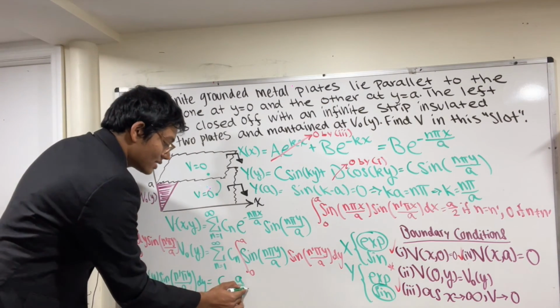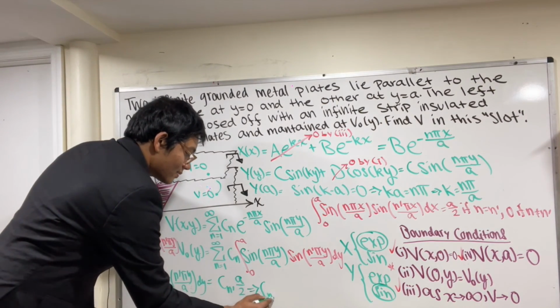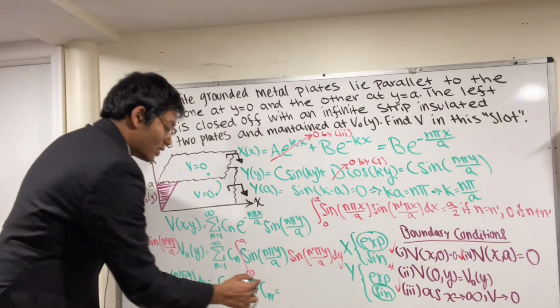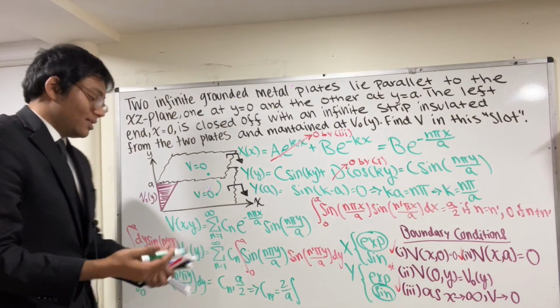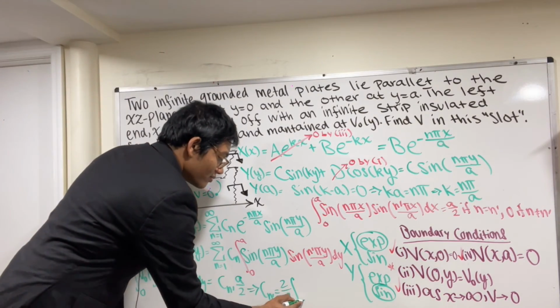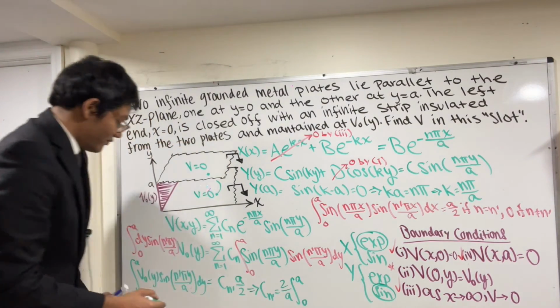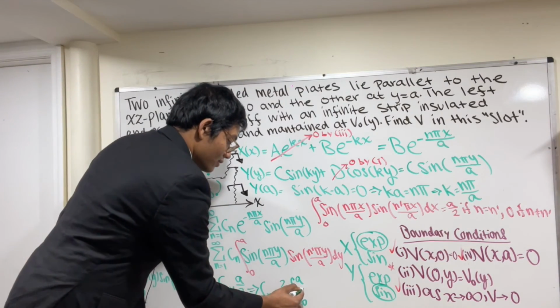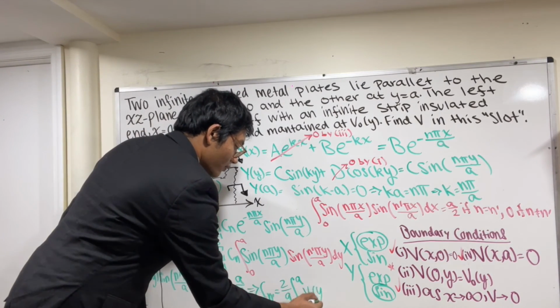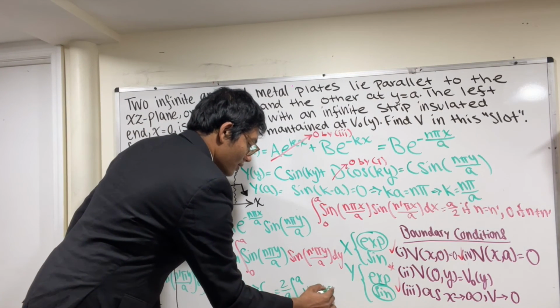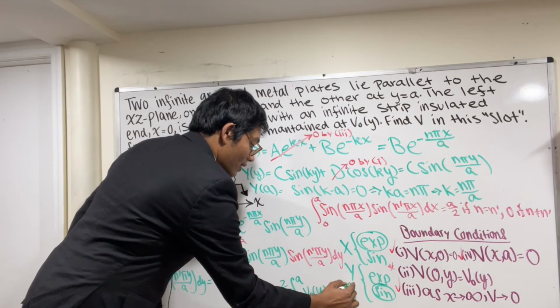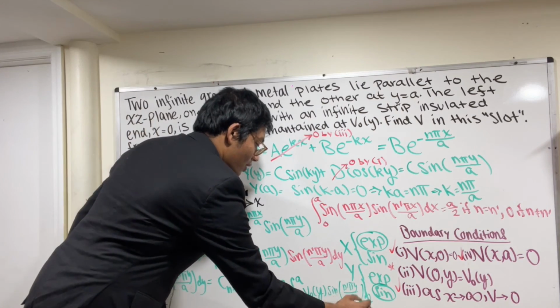In this case, we can just leave it as the expansion coefficient c sub n prime is equal to 2 over a times this behemoth of an integral, which goes from 0 to a of V naught of y sine of n prime pi y over a dy.